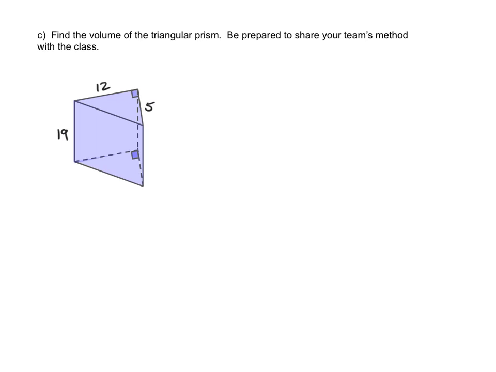And now we're going to find the volume of the triangular prism. This is the same prism we just used. So remember, volume is equal to the area of the base times the height. In order to find the area of the base, in this case, since it's a right triangle, we need to do base times height divided by 2. So the area of the base is equal to base times height of the triangle divided by 2.